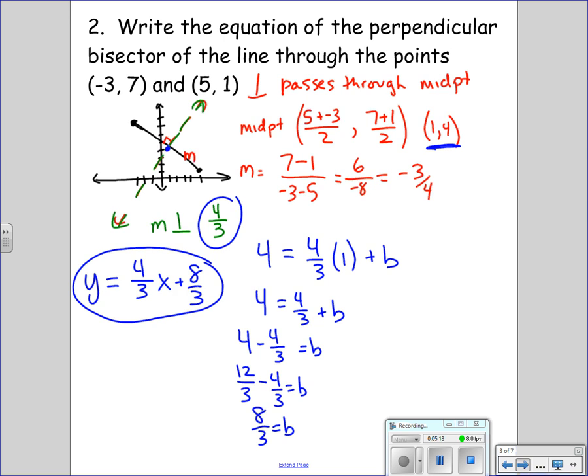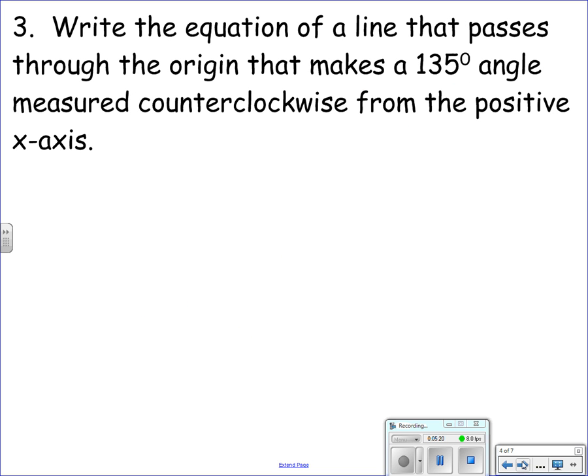All right, next question. Write the equation of a line that passes through the origin and makes a 135-degree angle measured counterclockwise from the positive x-axis. Woo, a lot going on there. So passes through the origin, so we know b is going to be 0.